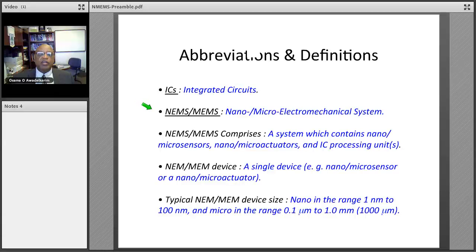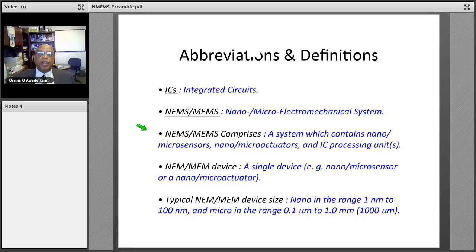The second two terms that I'll often use in this course are the terms NMEMS or MEMS. NMEMS stands for Nano Electromechanical System. MEMS stands for Micro Electromechanical System. This is a definition here, if you like, the third bullet.